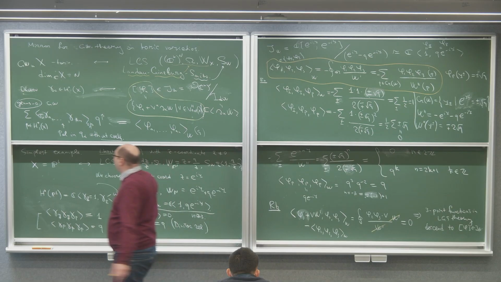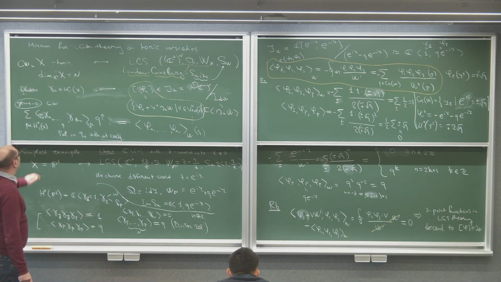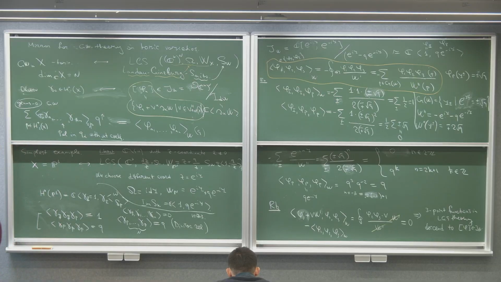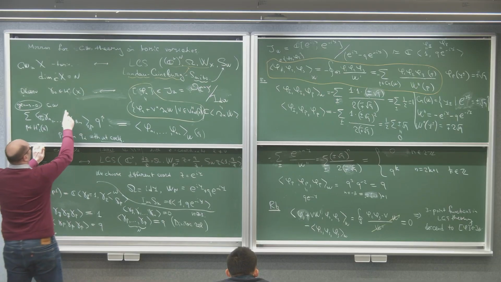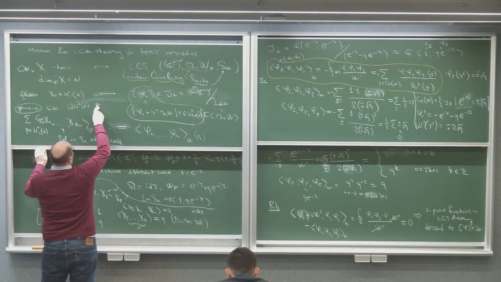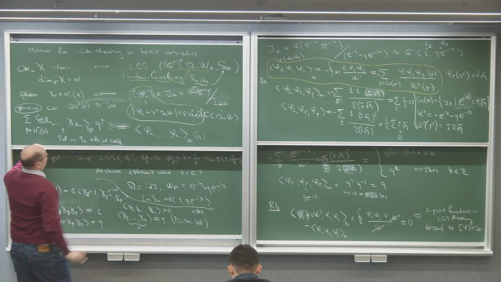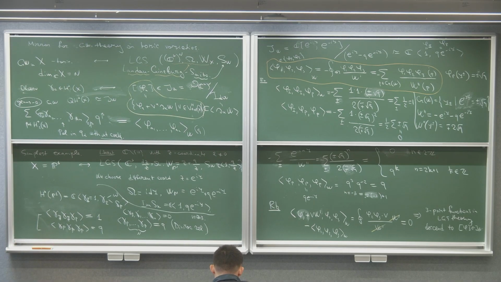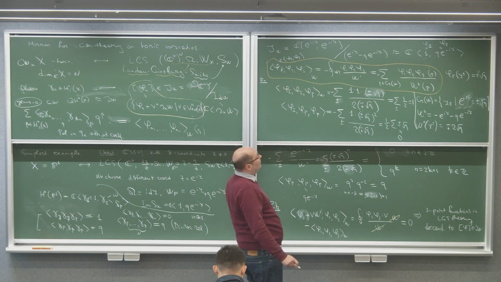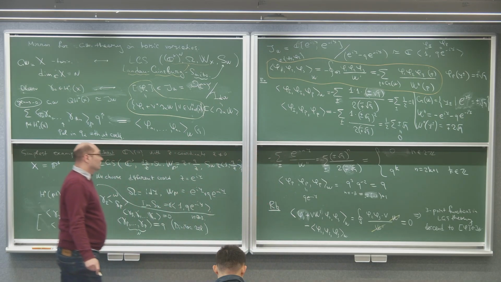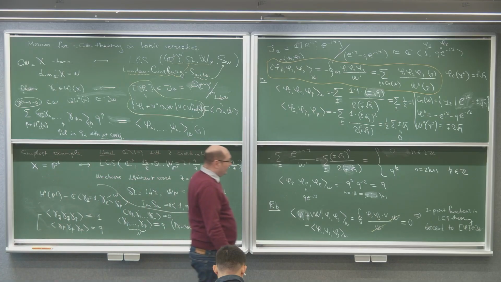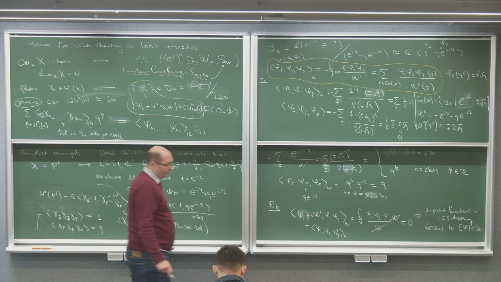And that is once again hardly surprising, because these 3-point functions are responsible for the quantum cohomology structure on X. Quantum cohomology as a ring is isomorphic to the Jacobi ring, and here we use the residue formula essentially as a way to rewrite the multiplication structure in this Jacobi ring.